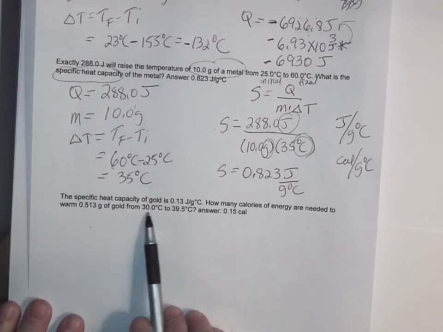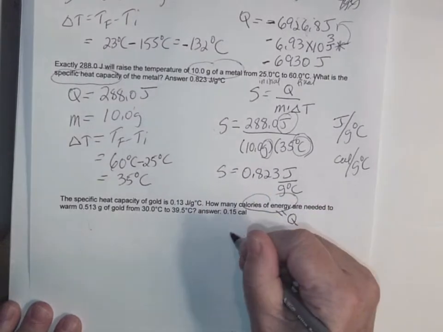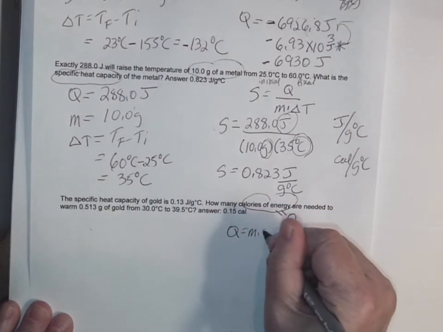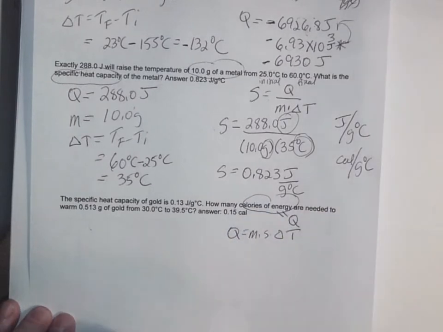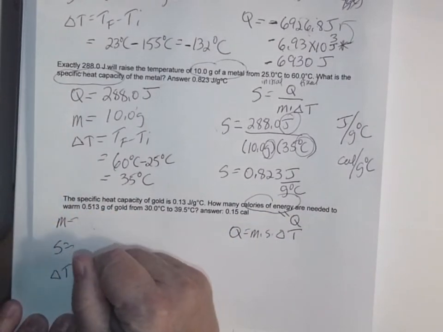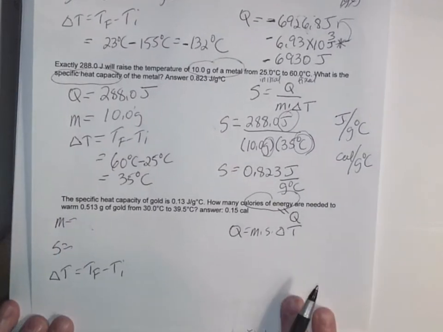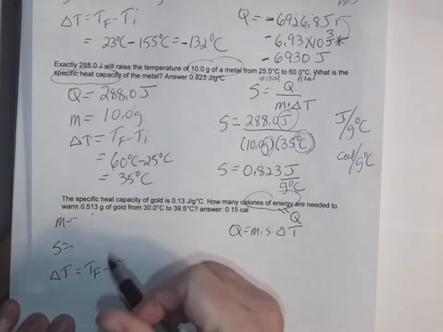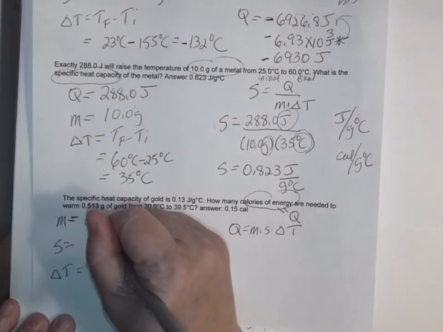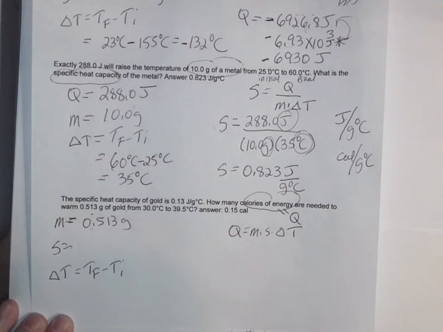All right, so it says how many calories of energy. So it's looking for energy. Again, I'm going to write down my equation, and I'm going to list over here the variables that I need to pull out. So I'm looking for a mass. So this is 0.513 grams.